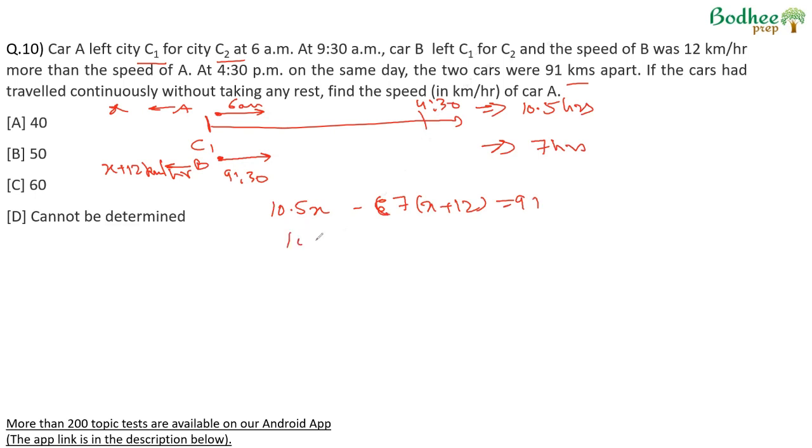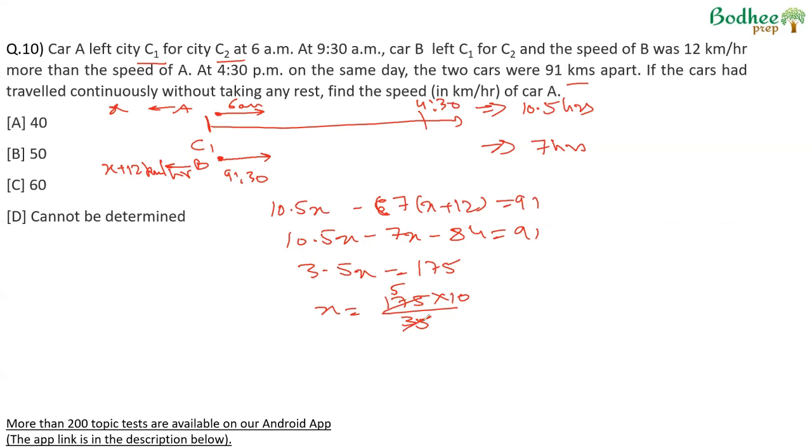So 10.5x minus 7x minus 84 is equal to 91. 3.5x is equal to 91 plus 84, which is 175. So x is 175 by 3.5. I'm writing this as 35 multiplying by 10... 5 threes are 15, 15, 20, 75. Therefore x is 50 kilometers per hour. What is the speed of A? The answer we get is 50 kilometers per hour.